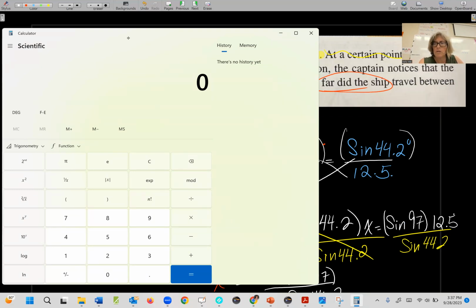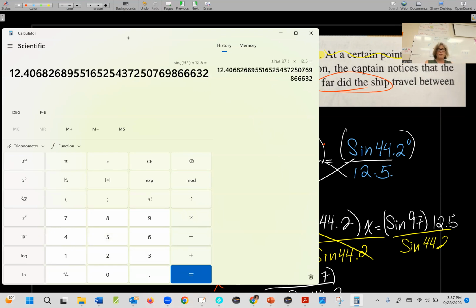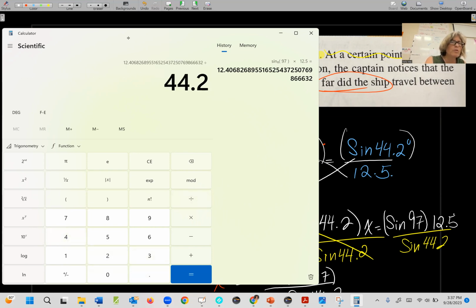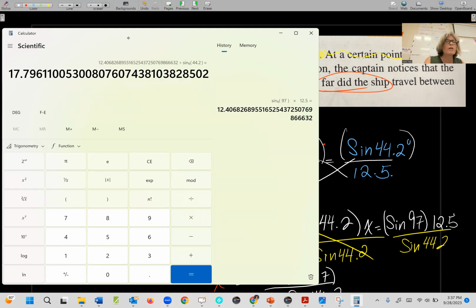So that's going to be 97, sine, times 12.5, divided by 44.2, sine. That looks about right. There it is, 17.79. If we round, we'll go 17.8.